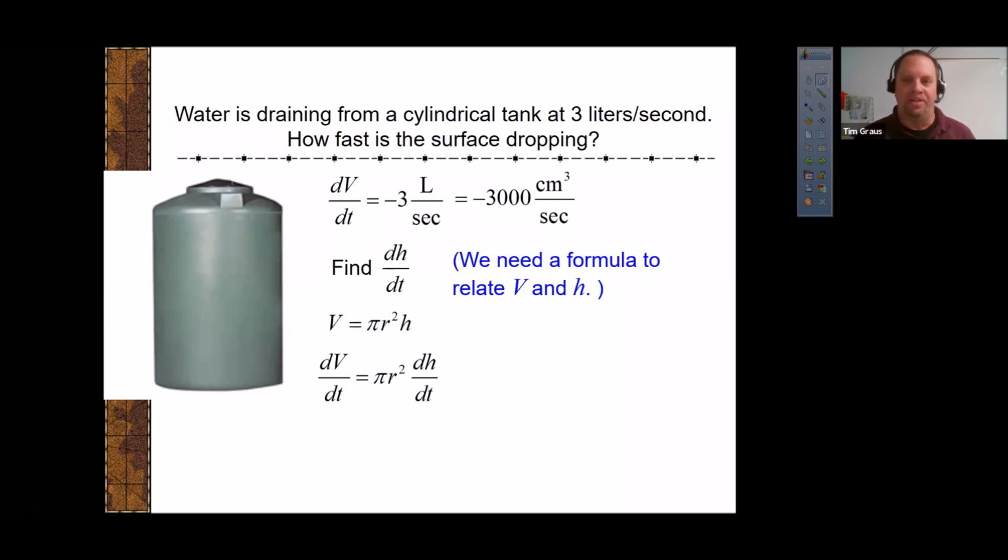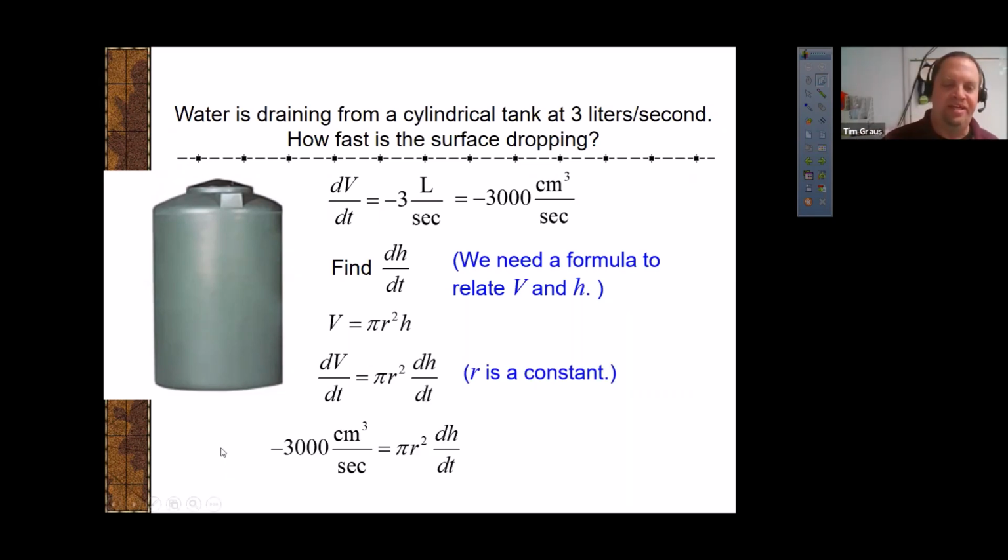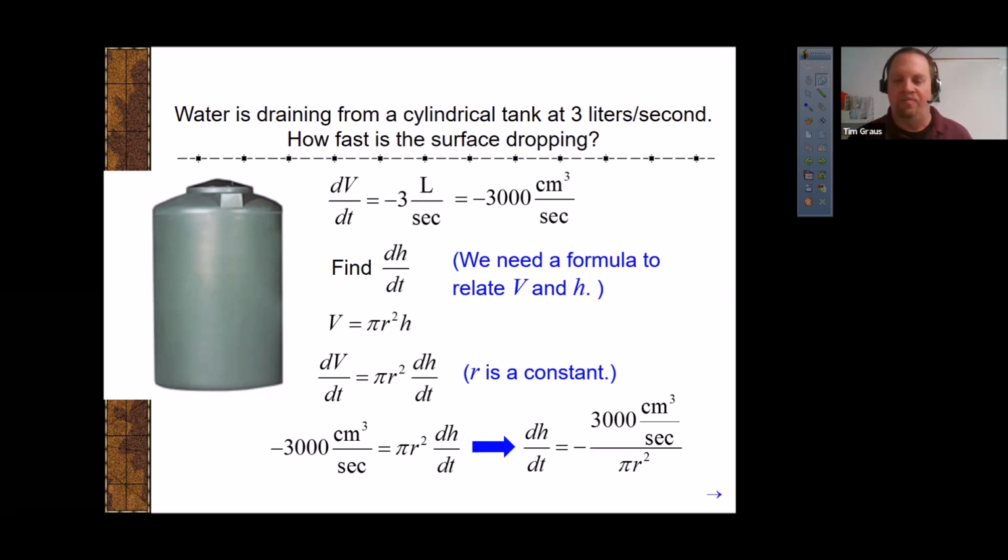Now we're going to evaluate this. Replace dV/dt with negative 3,000 cubic centimeters per second and divide by pi r squared so that dH/dt is by itself. We find that dH/dt is equal to negative 3,000 cubic centimeters per second divided by pi r squared.